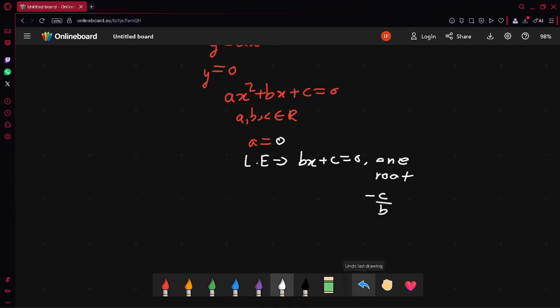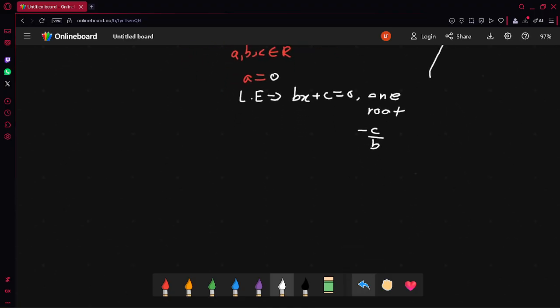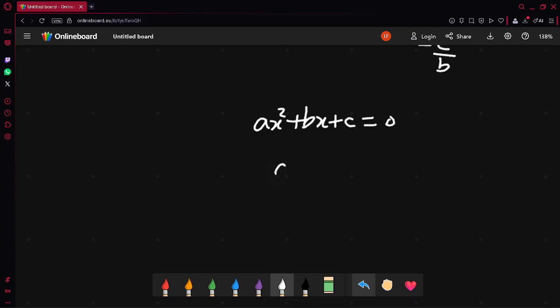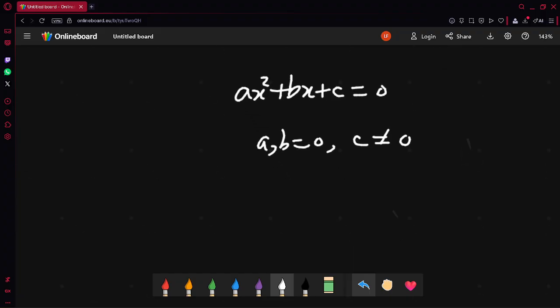Now let's say ax squared plus bx plus c equals 0, and a and b are equal to 0. Then we would get a contradiction where c is not equal to 0. Let's say c isn't equal to 0.